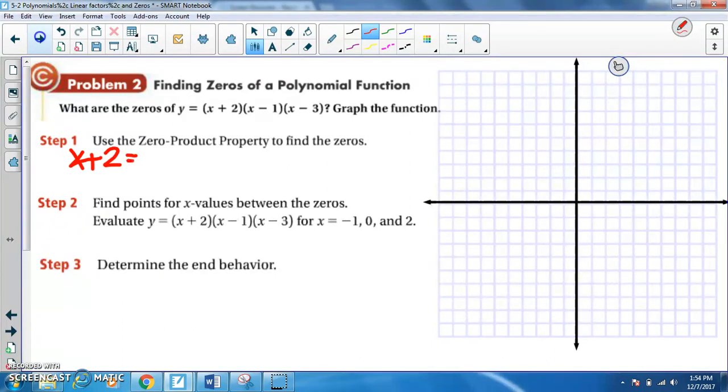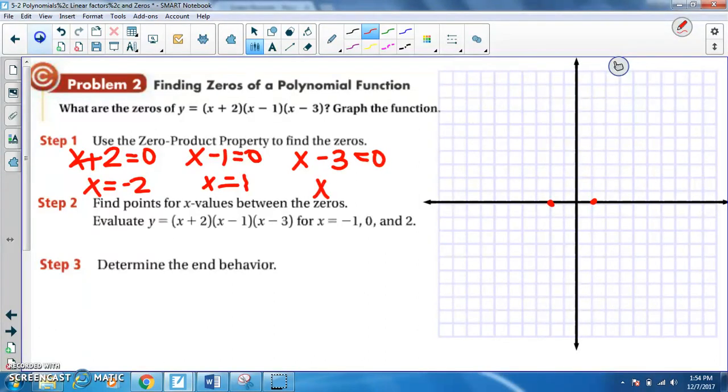X plus 2 equals 0, subtract 2 from both sides, x equals negative 2, make a point. X minus 1 equals 0, add 1 to both sides, x is equal to 1, make a point. X minus 3 equals 0. Add 3 to both sides, x equals 3. Make a point.